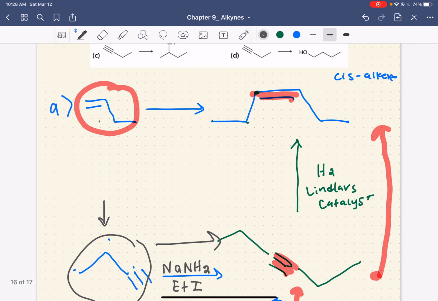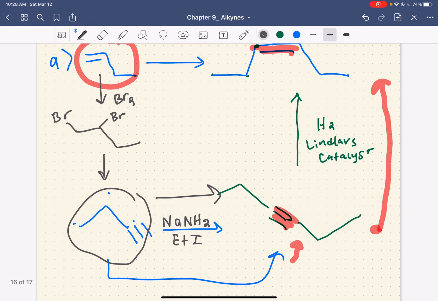So somehow we need to take the starting material and treat it with extra halogens, Br2 or Cl2, and we would add bromines to each side of this. Then take this dihalide and treat it with excess sodium amide in liquid ammonia and water to convert it back to a triple bond.